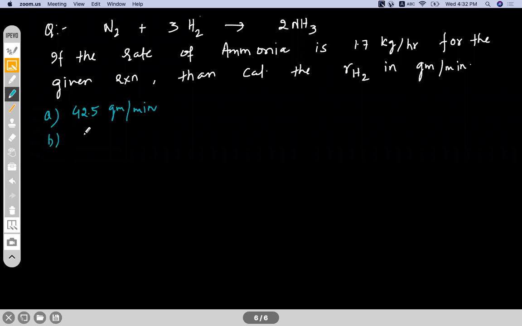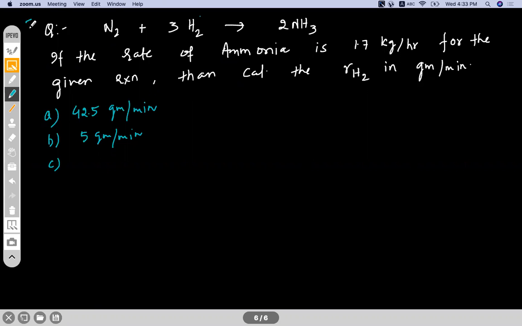How many of you have got 5 gram per minute? Okay. What is your answer here? Okay, Mahit, you got 42.5. So these two options were there in the question.